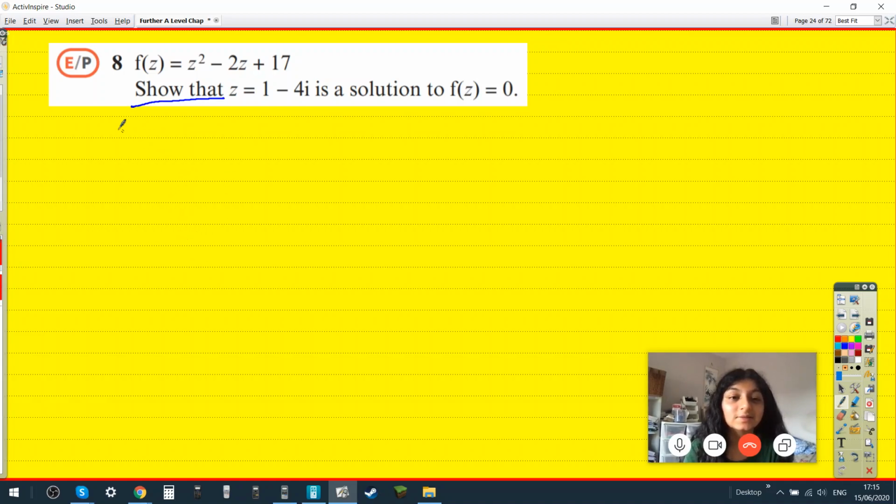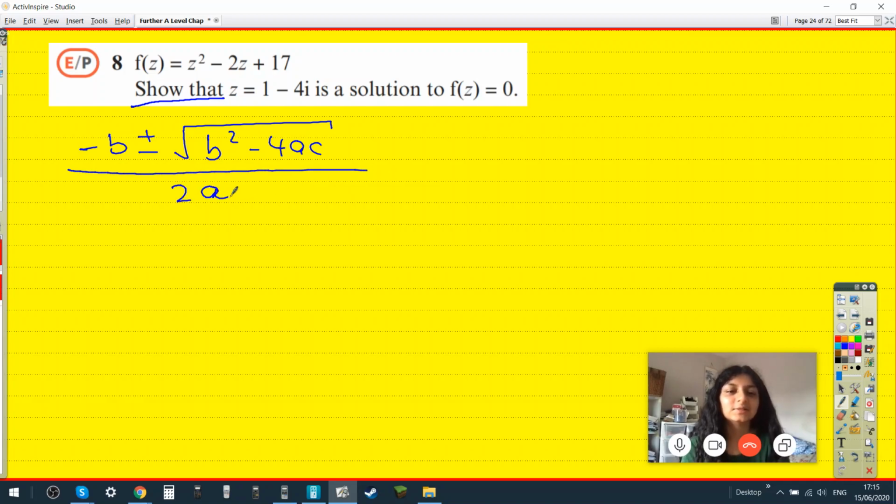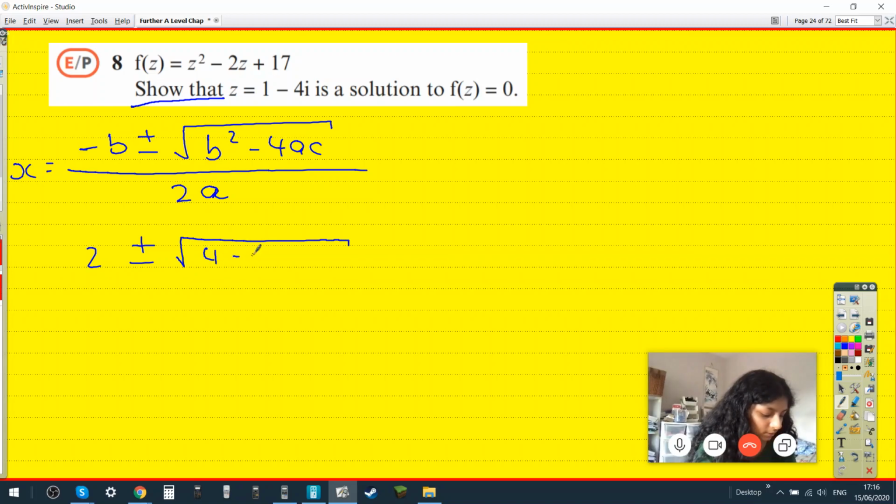Quadratic formula. Okay. I don't know it by heart. I probably should. Over 2a, I remember that part. I knew it in GCSE, but I don't know it anymore. So 2 plus minus the square root of 4 minus 68, over 2.